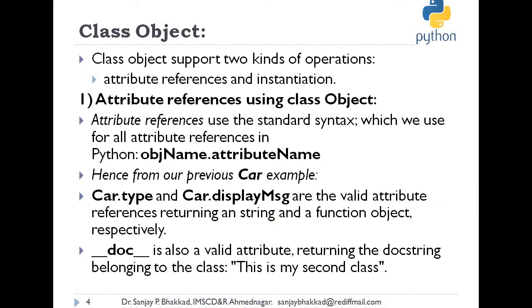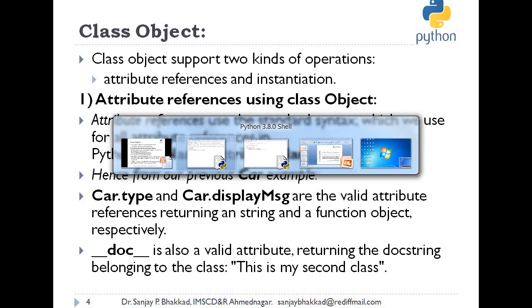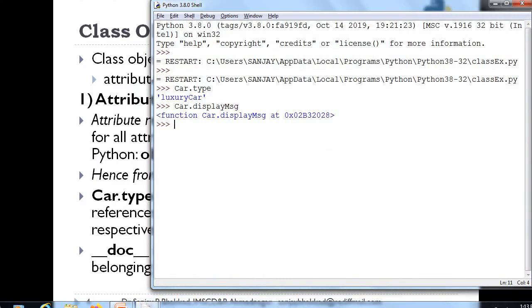In addition, our class has some special attributes like the doc string, the class name, and the module in which this class is available, and if you want you can display those attributes also. Let us start. I say car dot underscore doc, and it displayed the doc string.